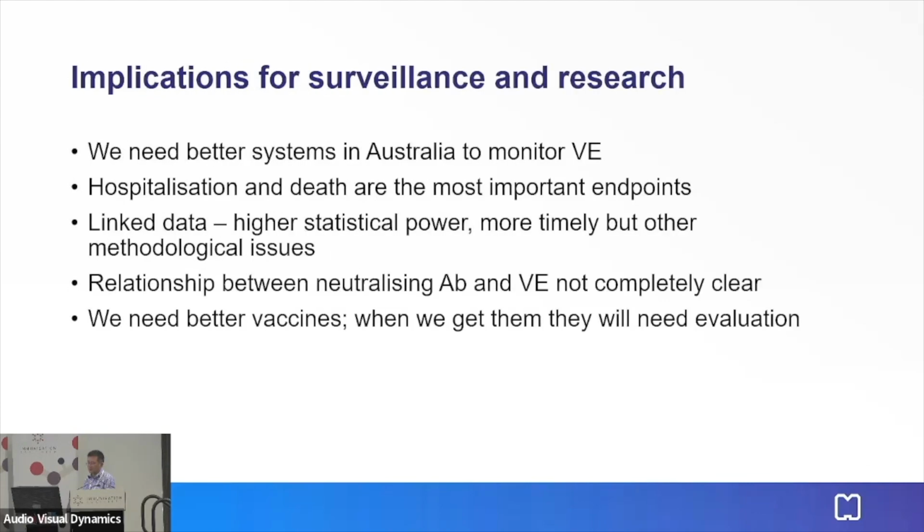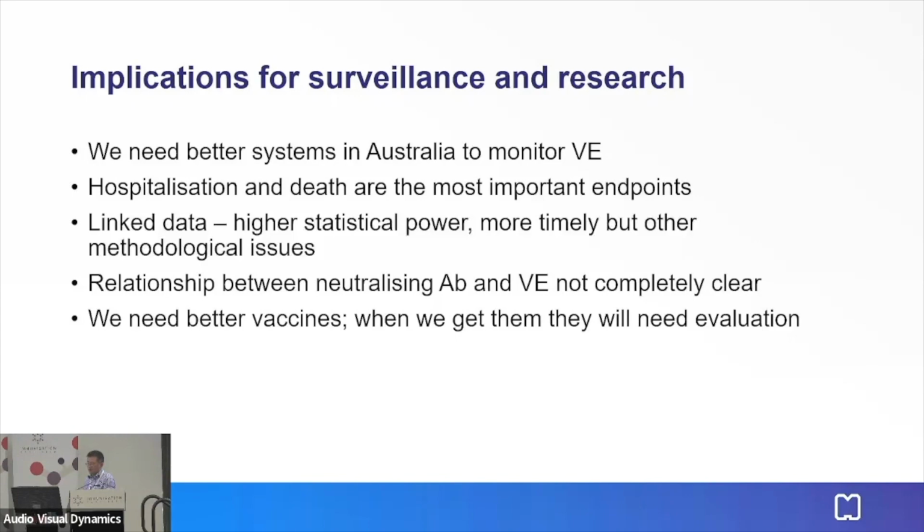So the implications for surveillance and research is we really do need better systems in Australia to monitor vaccine effectiveness. And now that NINDIS, I think Ian mentioned this yesterday, after 18 months, we have an extra I in the acronym, and that's the interoperable national surveillance system. We've really lost track of who actually has COVID now.